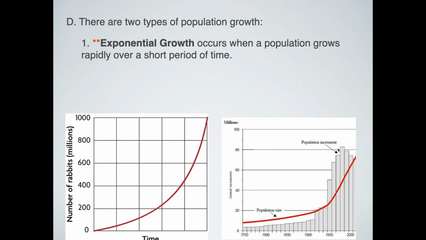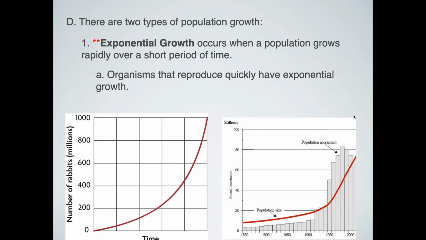You can see here, though, that if we're looking at average population increase, it looks like it's going down a little bit here, but again, you get the idea of just how exponential growth looks. Organisms that reproduce quickly tend to have exponential growth. Obviously, we are not in that category, but there are plenty of good examples like bacteria, viruses, rabbits, mice. That tends to be the direction that population growth goes for them, is exponential.